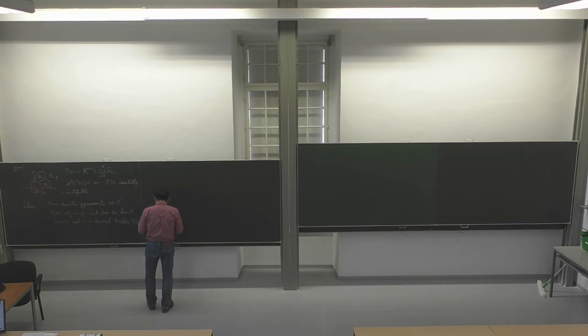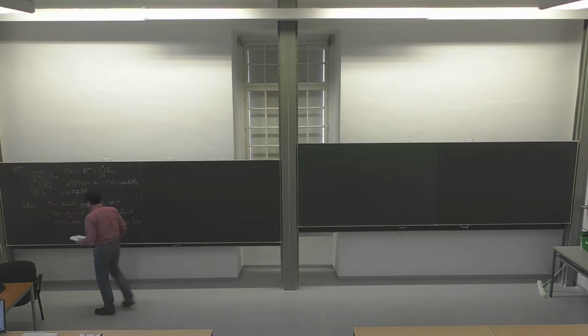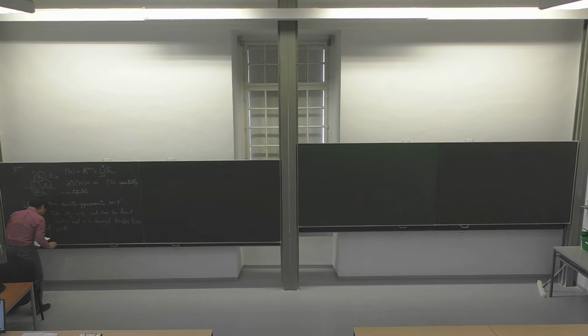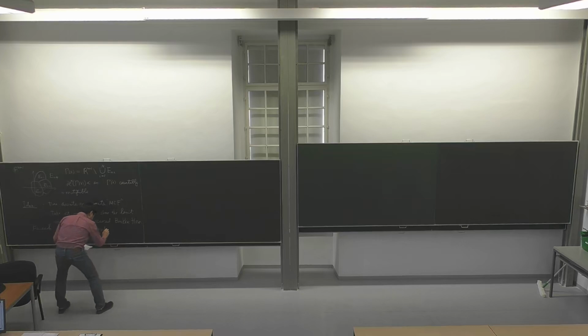So let me start. For each j, which is a natural number and goes to infinity, we fix a time grid size, let's say delta t_j.